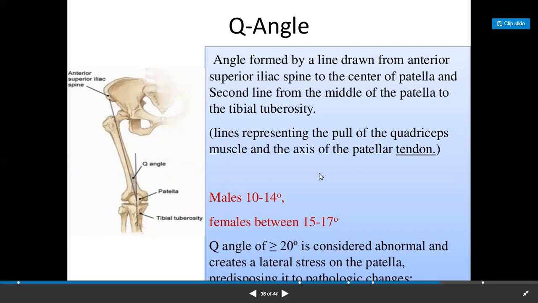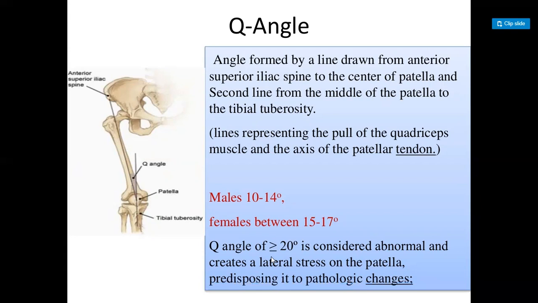The normal Q angle in males is 10 to 14 degrees, and in normal females it should be 15 to 17 degrees. A Q angle greater than or equal to 20 degrees is considered abnormal and creates a lateral stress on the patella, predisposing it to pathological changes.